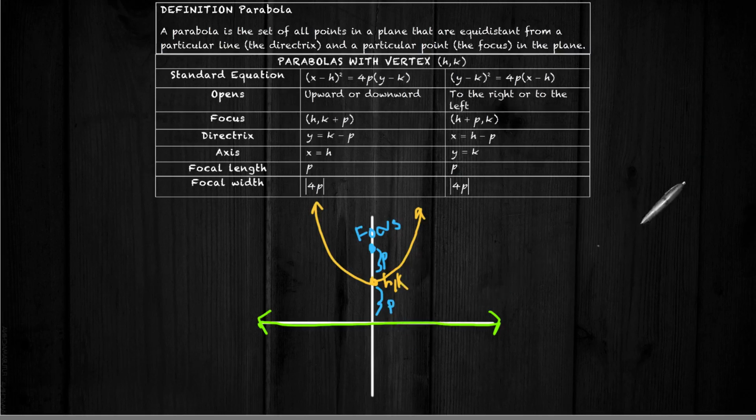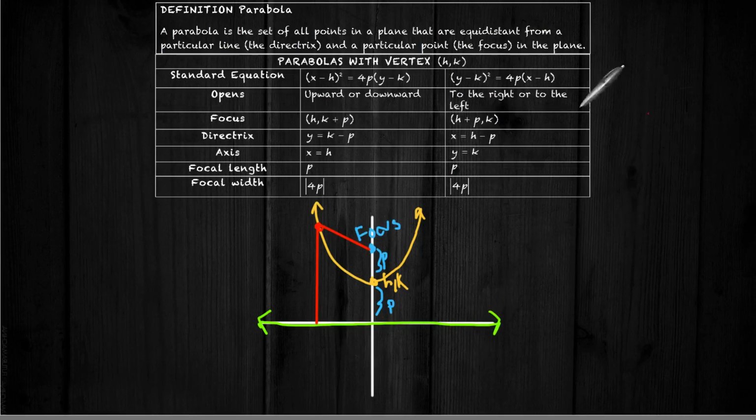And so basically a parabola is nothing more than the set of all points where every point on the parabola has an equal distance from that point to some line called the directrix, and that same distance to the focus, which is another special point.